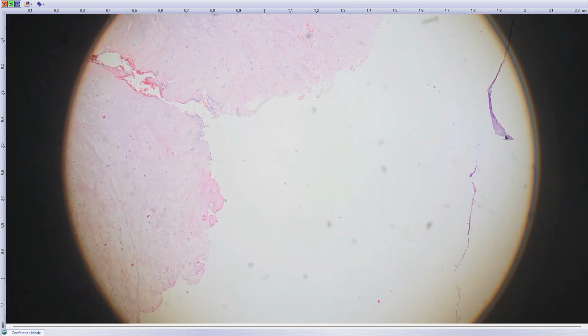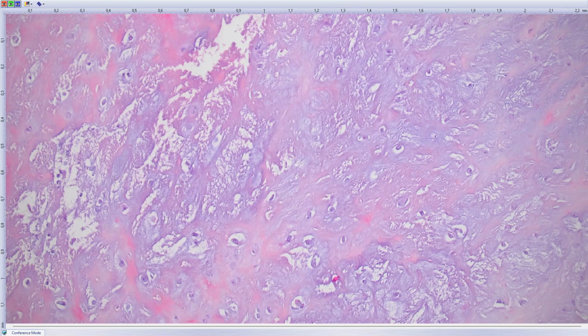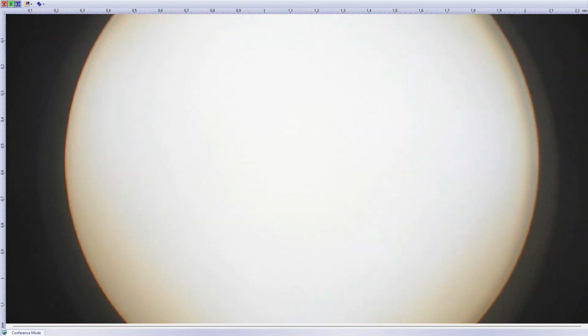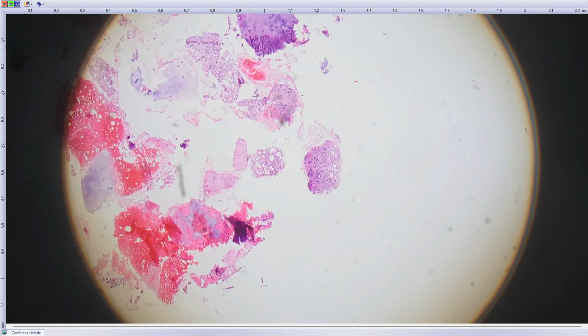And in another block, more ugly-looking cartilage here. And there's something else. Okay, here.